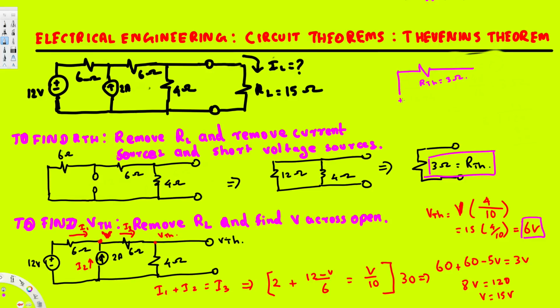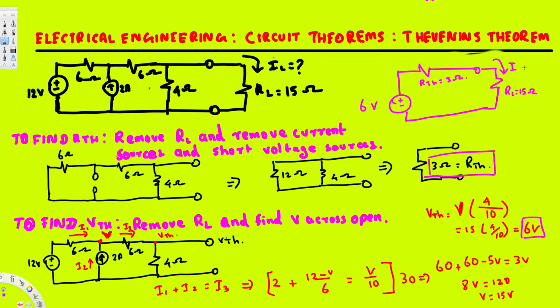Okay, so this is 6 volts right here, and that is V Thevenin. And also we are going to have the load resistance RL, that is equal to 15 ohm, and here we are trying to find the current across this load resistance.